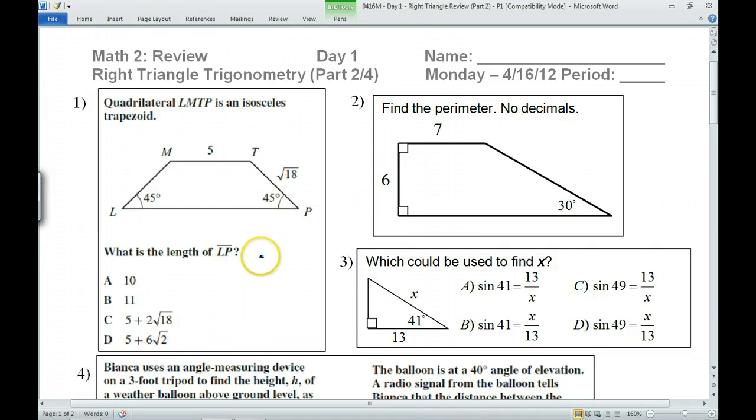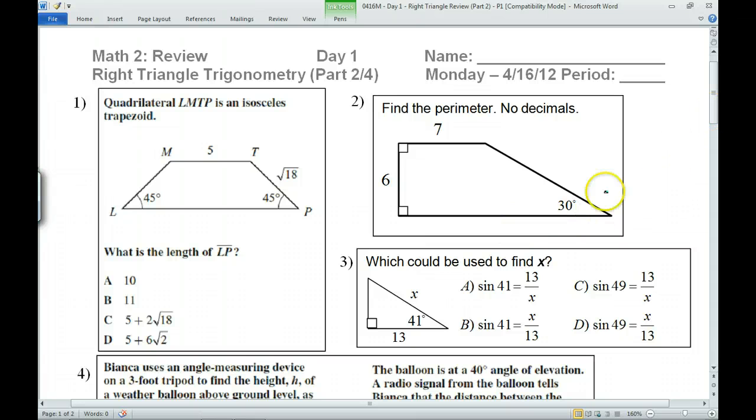Alright class, take out the sheet I gave you on your way out the door yesterday. It should look like this. Day 1, Part 2 of 4, Monday, April 16th.